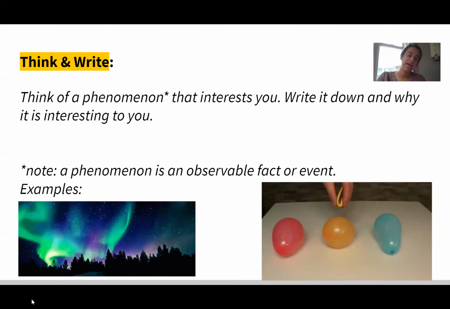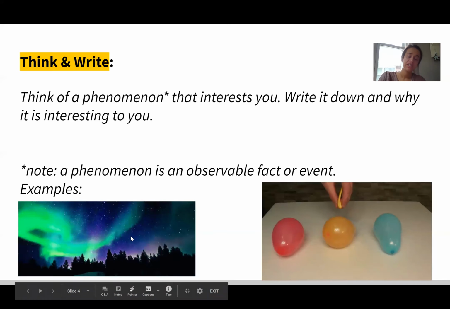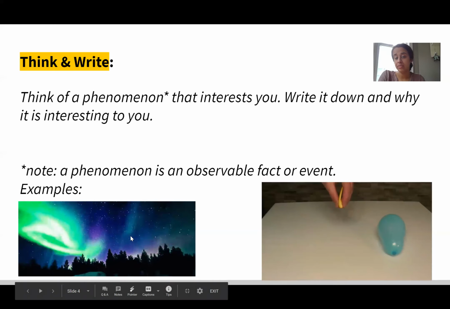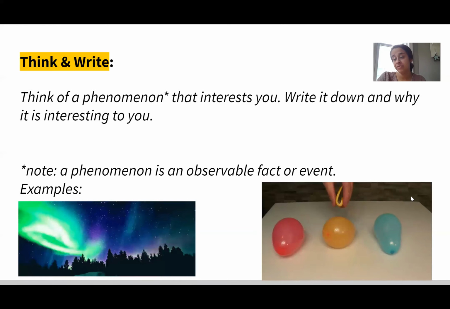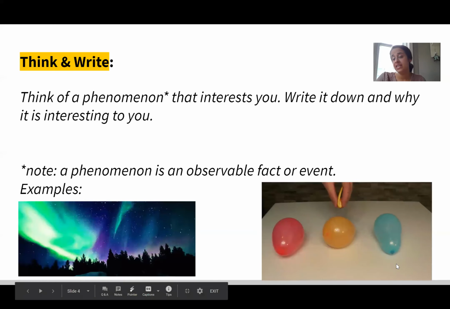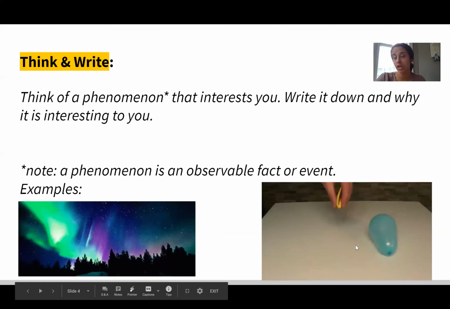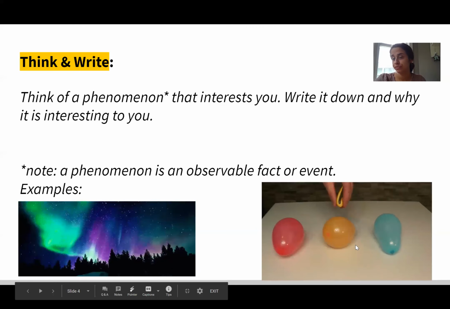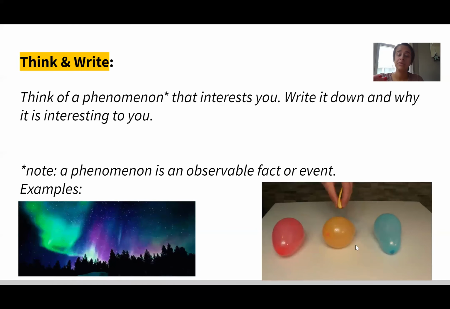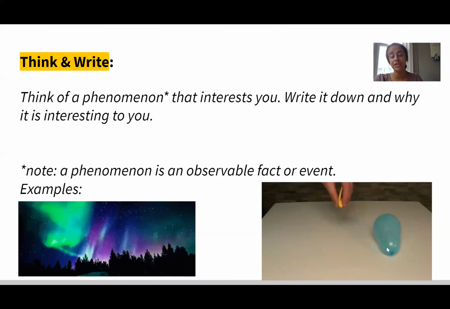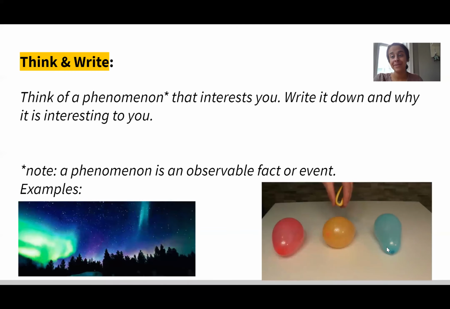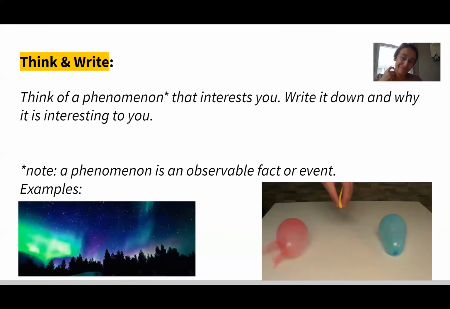It can be like I have over here on the screen, the northern lights. That's a phenomenon. It's an observable fact or event. Another phenomenon is the citrus in the orange peel could cause a balloon to pop. So something observable. Pause the video now. Tell me what observable fact or event you find really interesting and why.